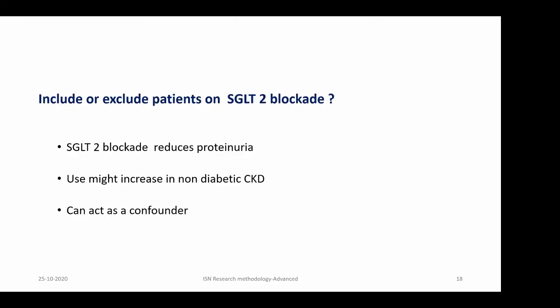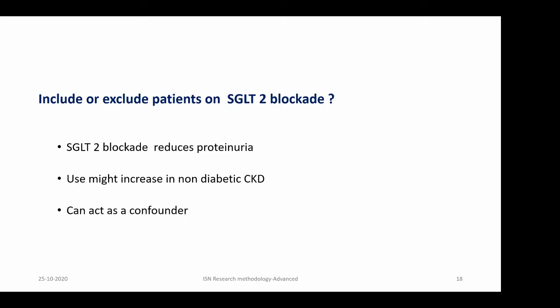Yes, now another problem which we have not considered is the use of SGLT2 blockade. This should not have been a problem till recently, but now this month the DAPA-CKD trial results are out, and it has shown that SGLT2 blockade gives additional benefit over and above the RAS blockade.